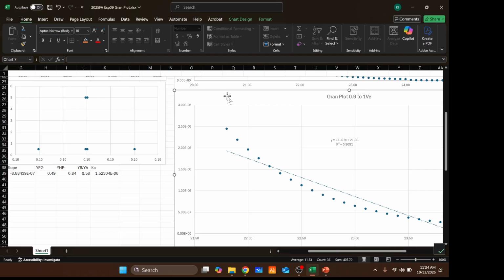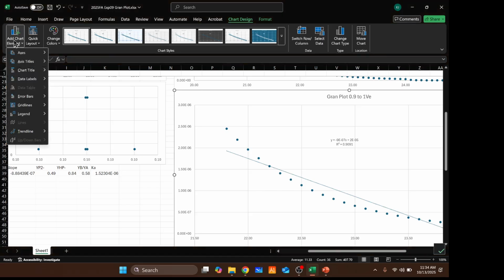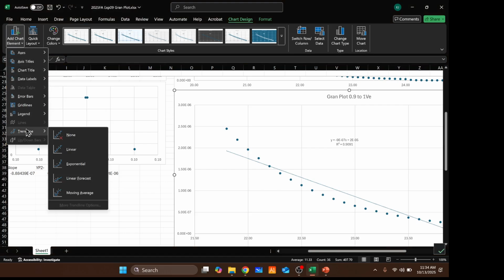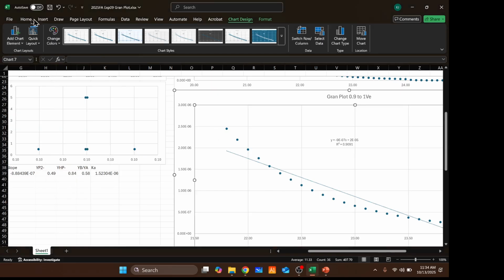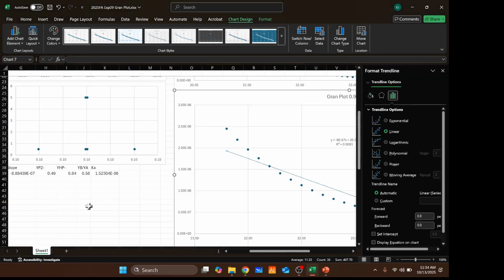Once I have my grand plot, I'm going to go to chart design again, and add chart element and trend line. I almost always just go straight to the more template options, or trend line options.